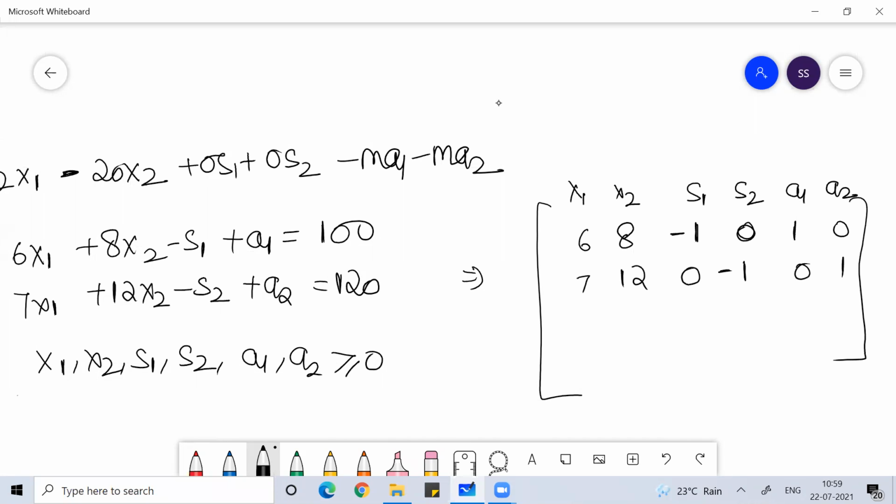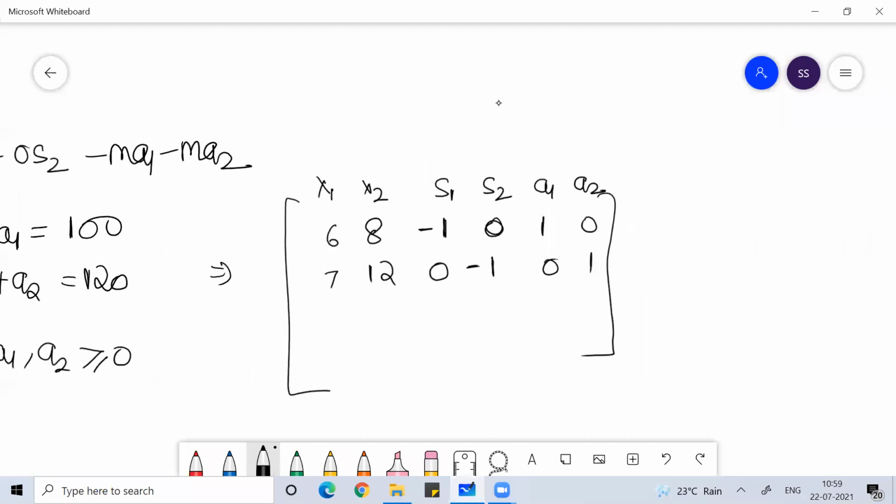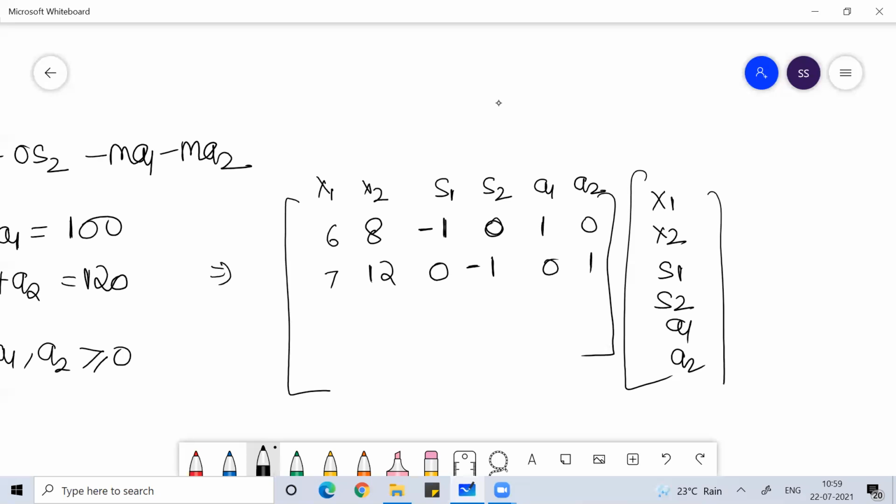You're getting it, right? That is equal to your RHS, that is 100 and 120.